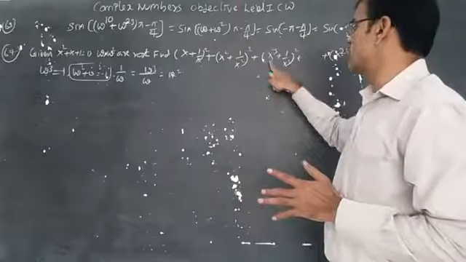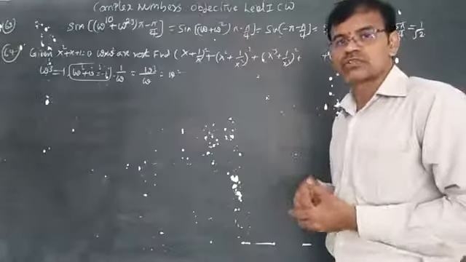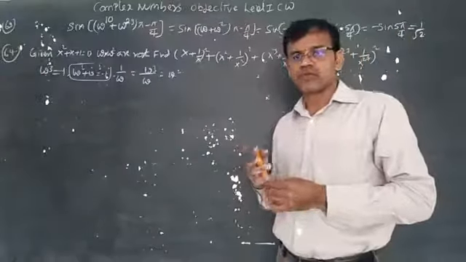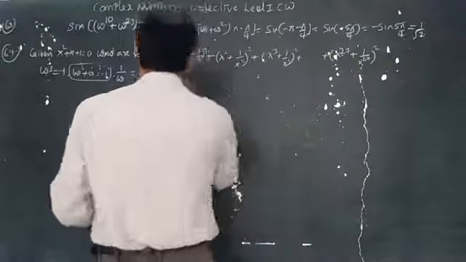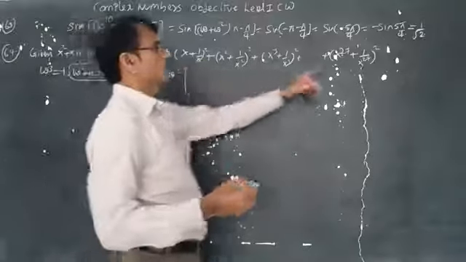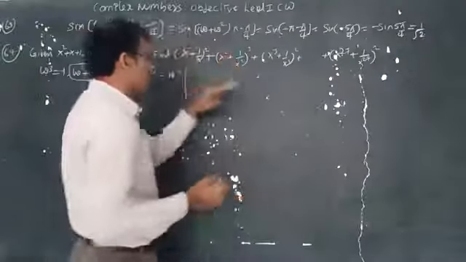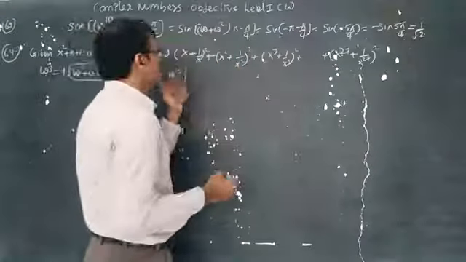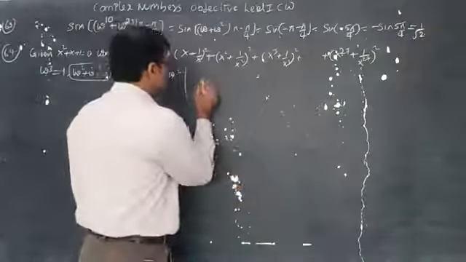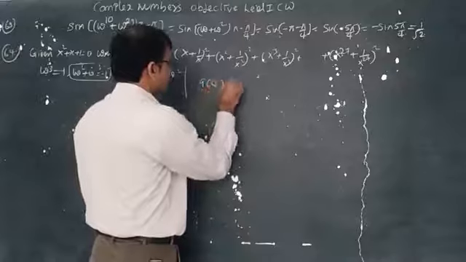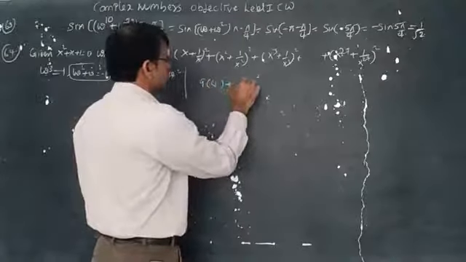For the 9 terms, 1 plus 1 means 2, and 2 whole square is 4. So 9 into 4 you will get 36. And how many terms remain, which are not multiples of 3? 27 minus 9, that is 18 terms. So 9 into 4 plus 18.